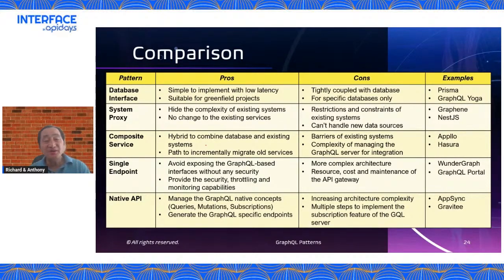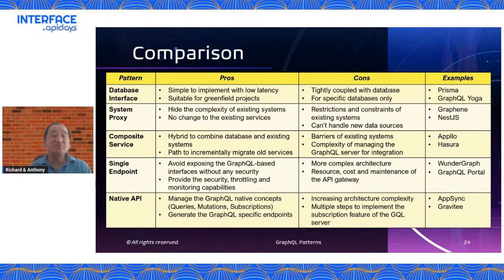Certainly, this one is composite, right? So the good thing is kind of like the best combo, right? Leverage the best of the first one and second one. And secondly, this is the path to incremental migration, because some of the existing systems you want to refactor, you want to re-architect, then it takes time, right? Rather than wait for a year for us to move all these things, you can say some of these, let's expose this one, let's hide the complexity.